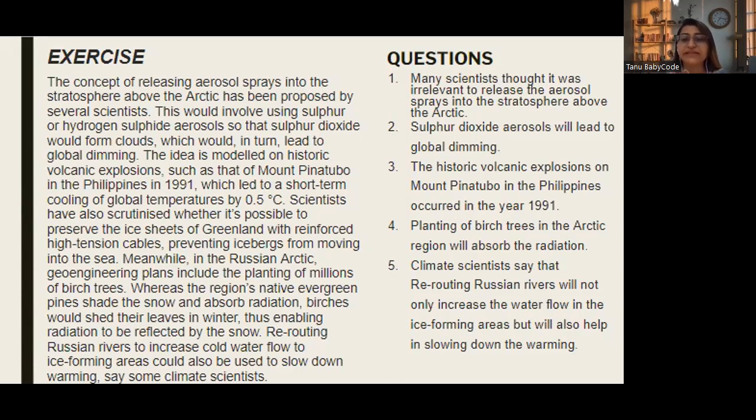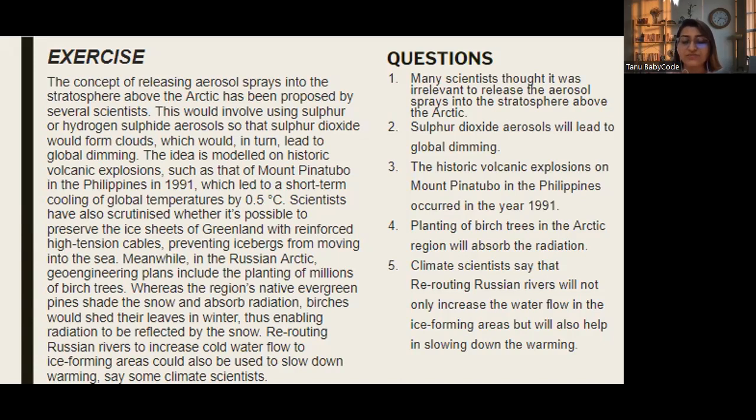First says many scientists thought it was irrelevant to release the aerosol sprays into the stratosphere above the Arctic. Now from the passage, once you start reading and look at the information, several scientists proposed the concept of releasing aerosol spray into the stratosphere above the Arctic.